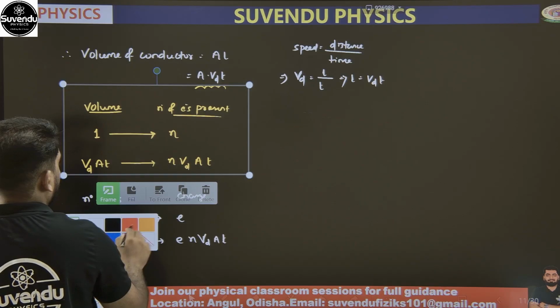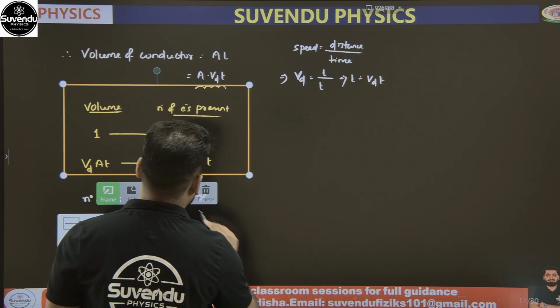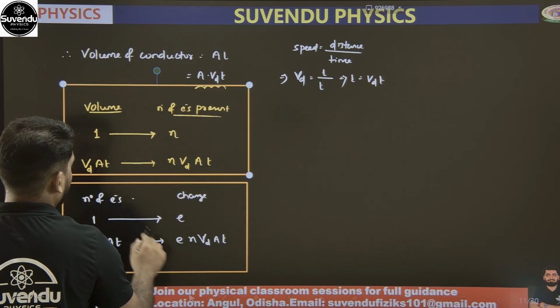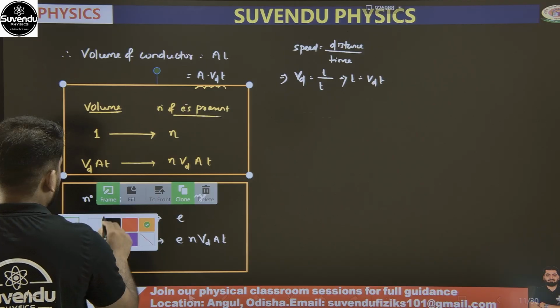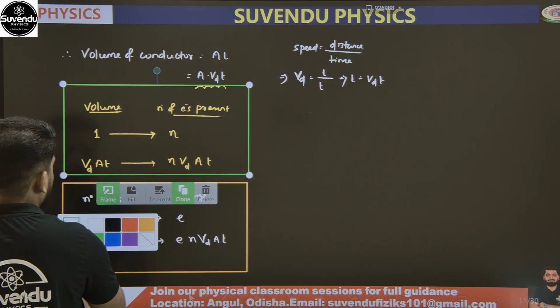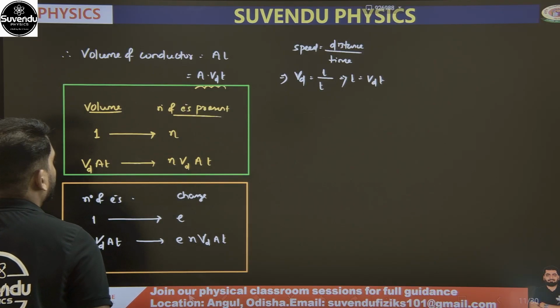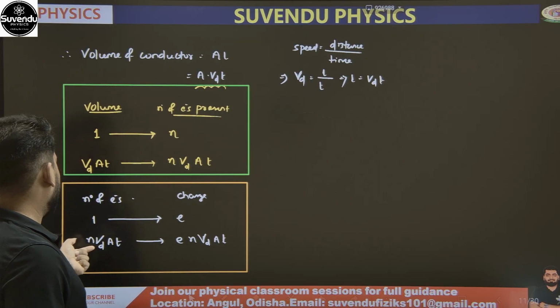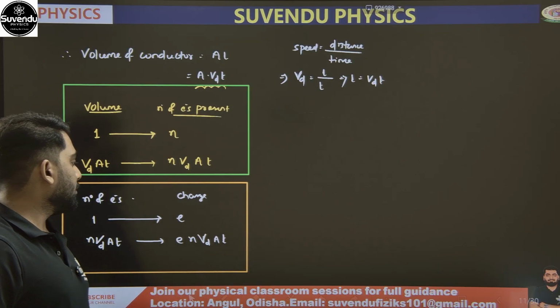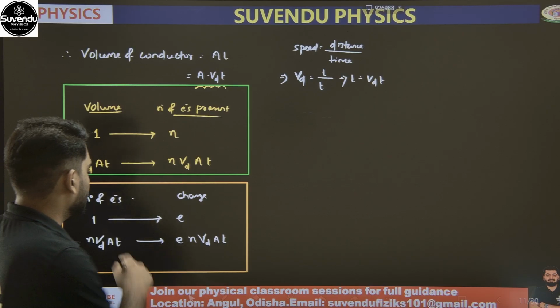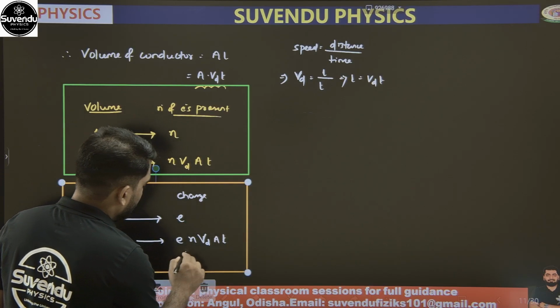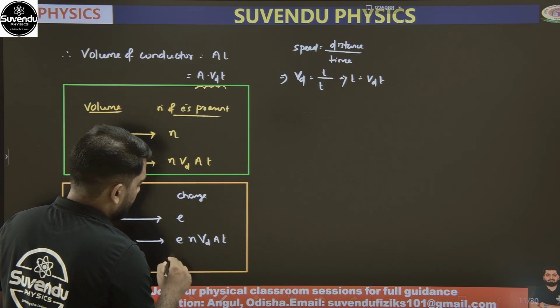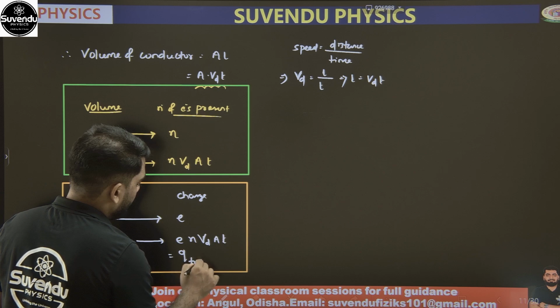I think this part is fully clear to all of you. Can everyone see? So for number of electrons n Vd A t, with charge of one electron e, e n Vd A t is the total amount of charge. So this is equal to Q total.